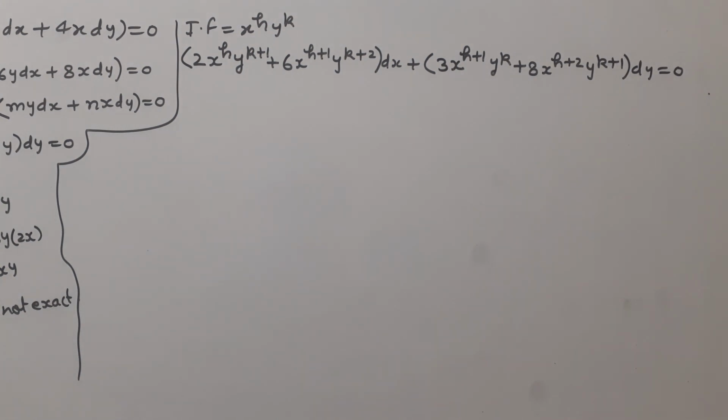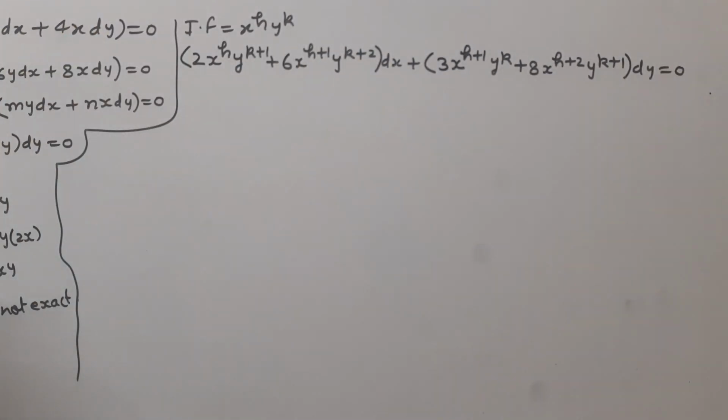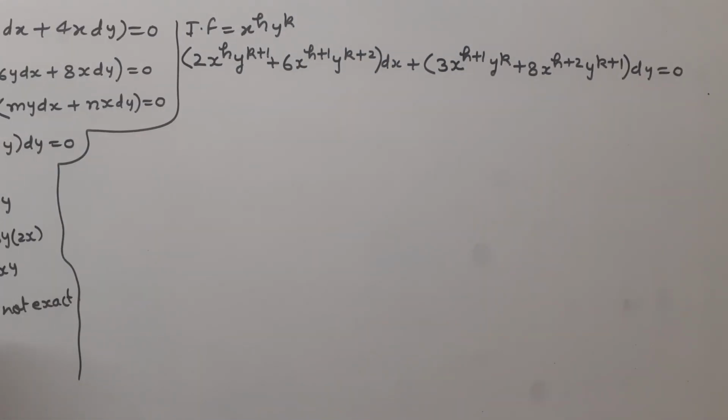In the above equation M dx plus N dy equal to 0, we multiply the integrating factor x^h y^k. We know that if we multiply the integrating factor, the given equation will be exact.